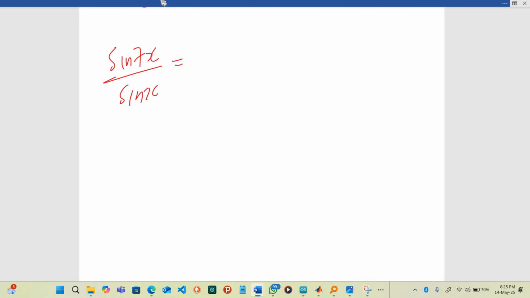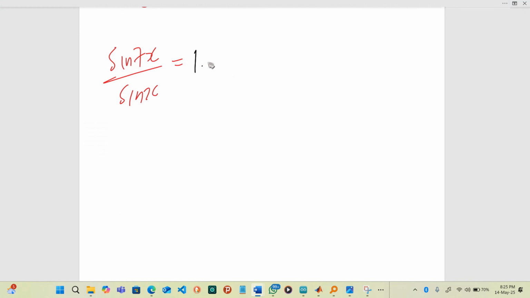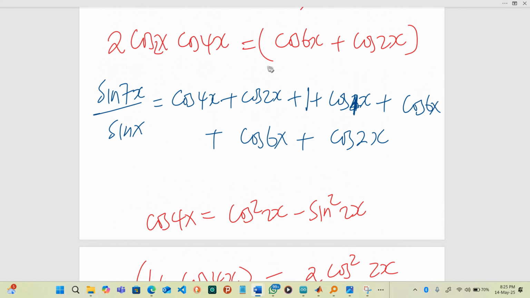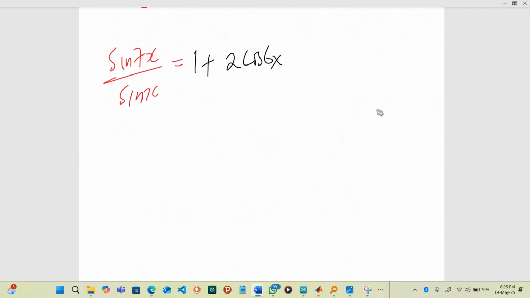Therefore, sine 7x out of sine x will equal, you'll have 1 plus 2 cos 6x. Look at this. You have this and that. You add them together. Then you add this and that. Therefore, we'll have plus 2 cos 4x plus 2 cos 2x.